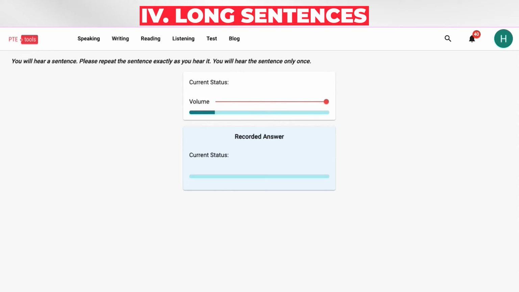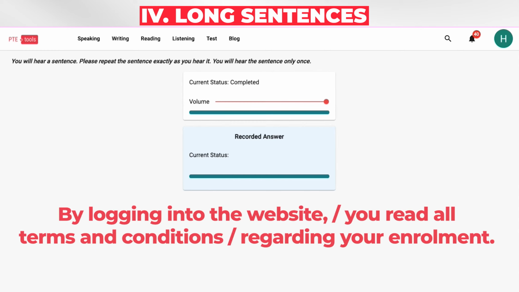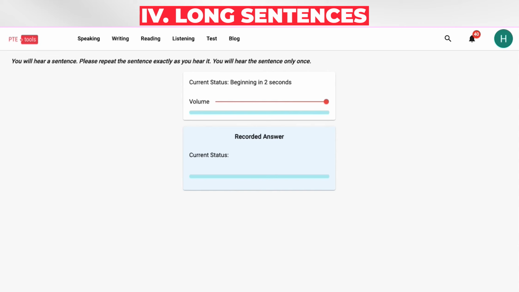By logging into the website, you read all terms and conditions regarding your enrollment. The psychology department is looking for volunteers to be involved in research projects.